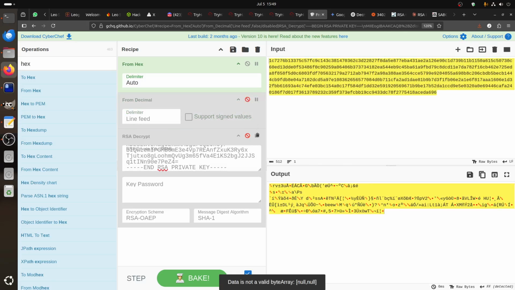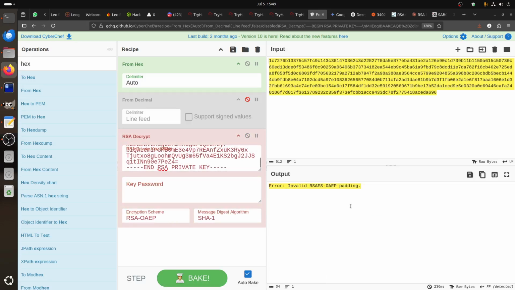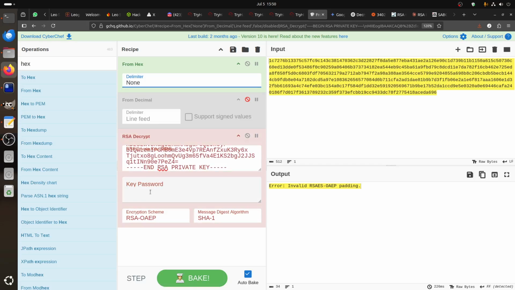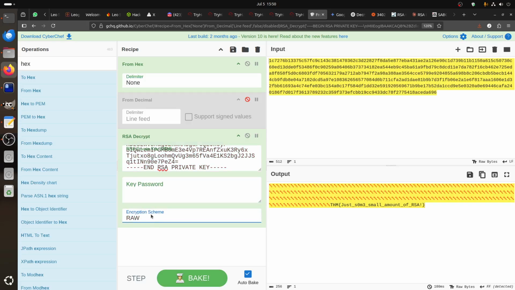No, not you, this one. No delimiter, none. Okay, Raw, and then you can see the flag. That's the flag, the TryHackMe flag.